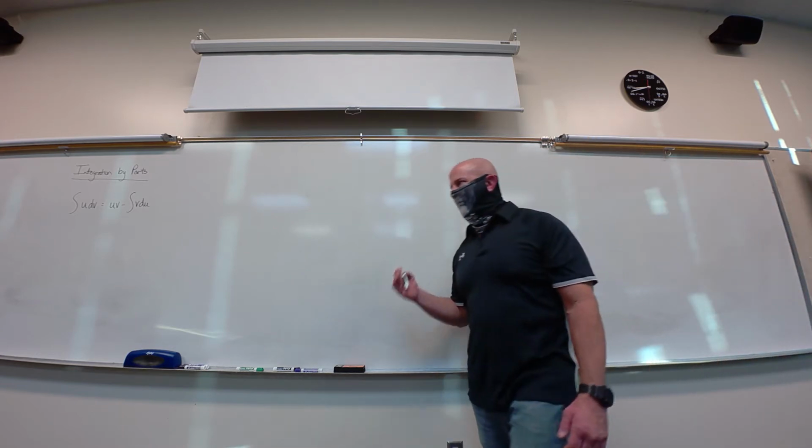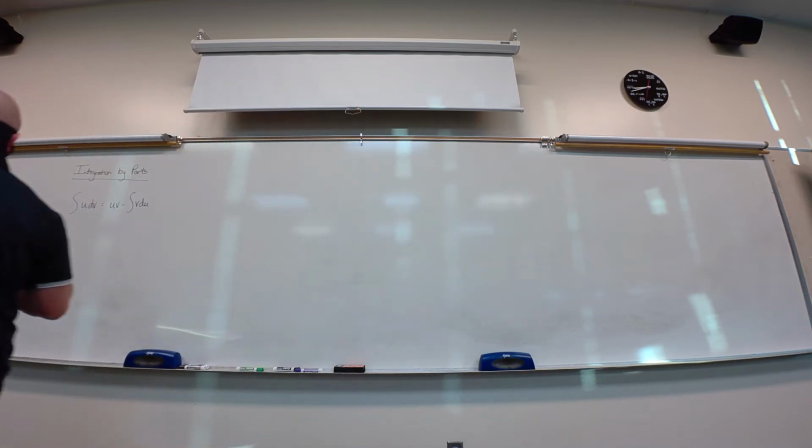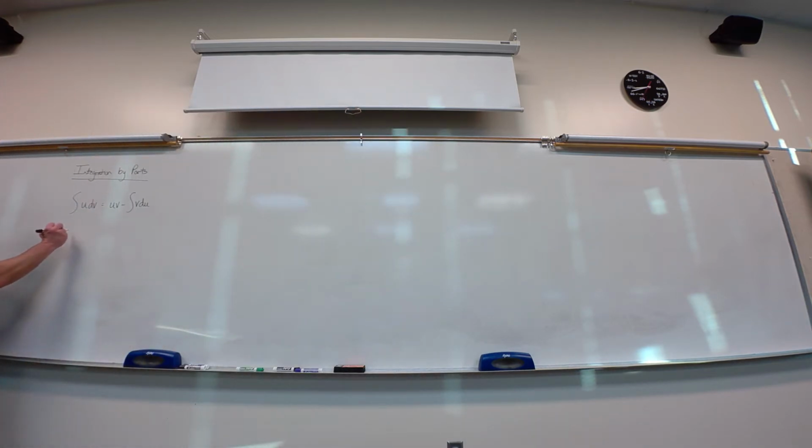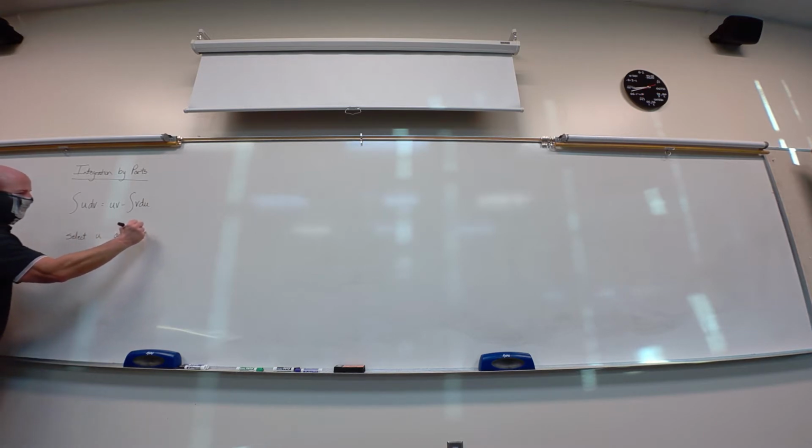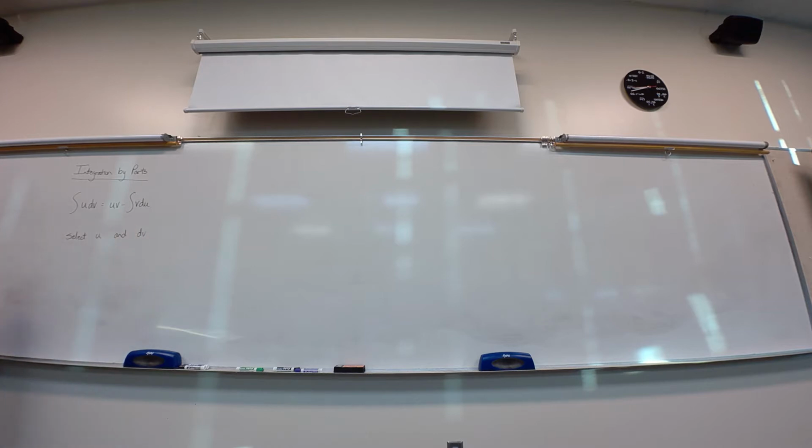Right? So what we're going to have to do is select u and dv. We're going to select those two pieces. We're going to split up our integral and select a u, just like we selected u in the past. Get a u, get a du.